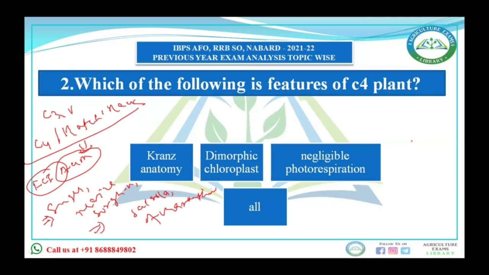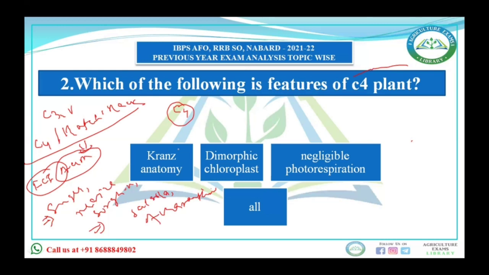Then in C4 plants, what happens? There are some distinct characteristics. C4 plants show Kranz anatomy, a special leaf anatomy. Also, C4 plants tolerate high temperature, lack the process of photorespiration, and are photosynthetically more efficient.